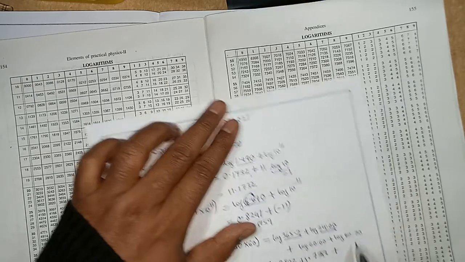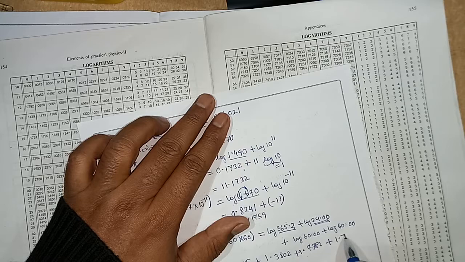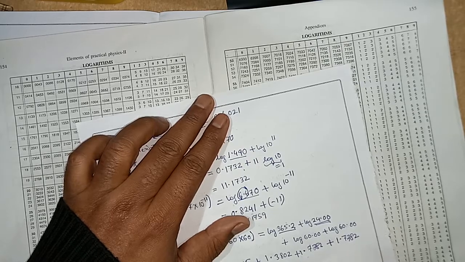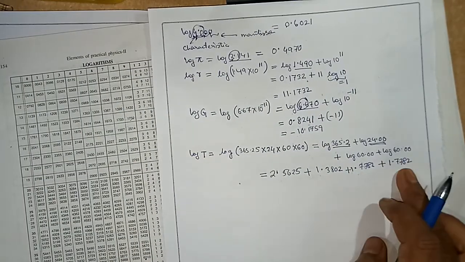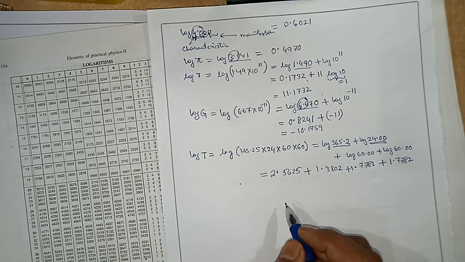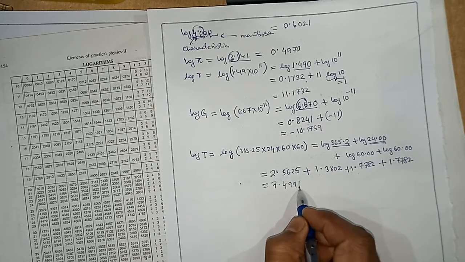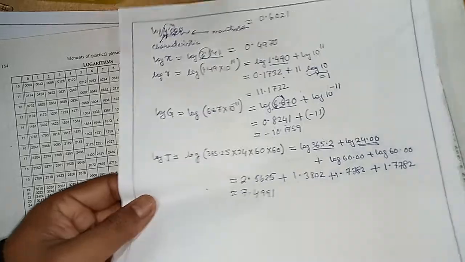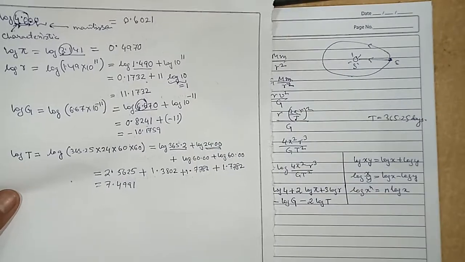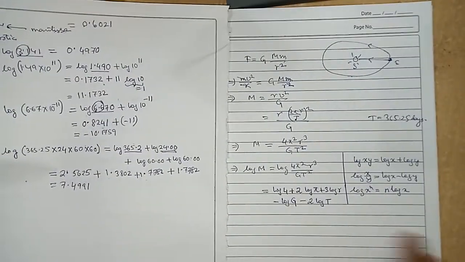Same thing here. 2 characteristics, 17782. So we add all these numbers, and this value is 7.4991.